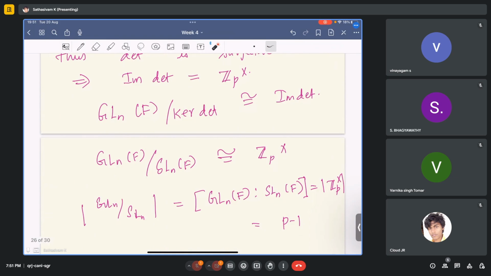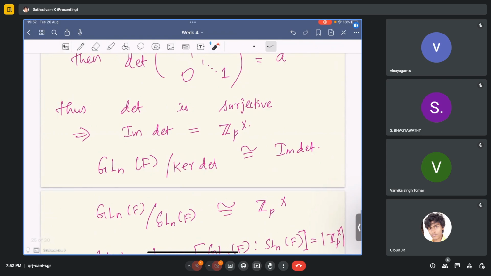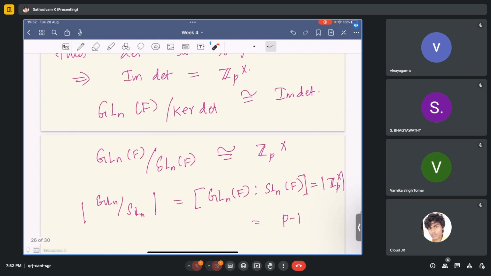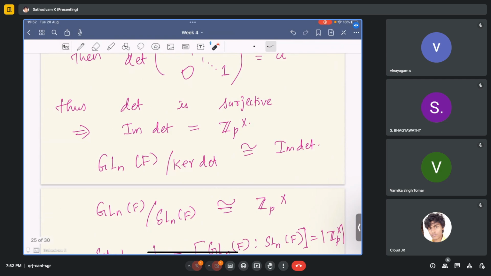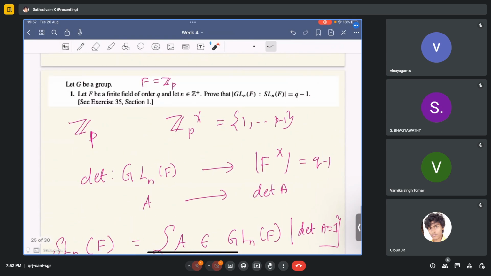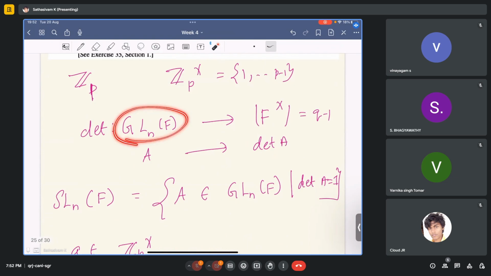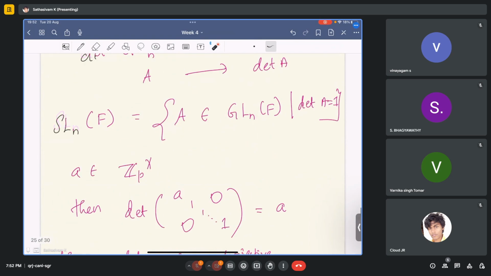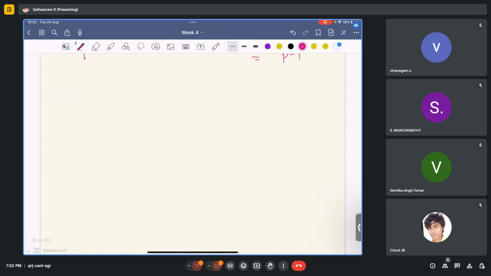What is interesting about this problem is what you learn from it: if you want to find the index of something, how do you do it? In general, I'm giving you a group GL_n(Z_p) and another group SL_n(Z_p).